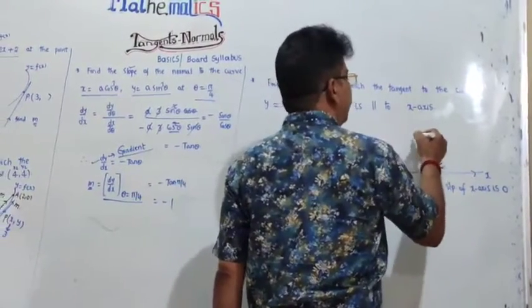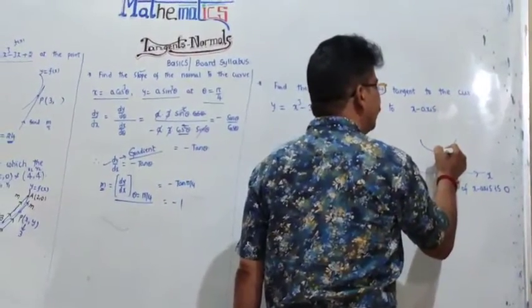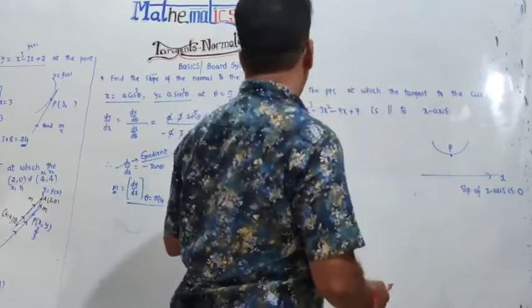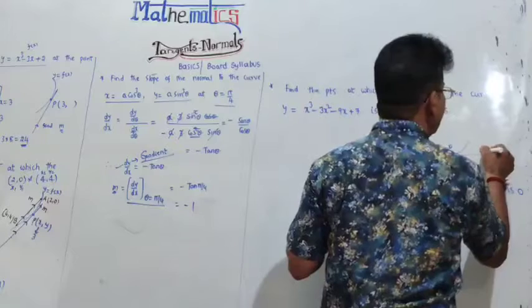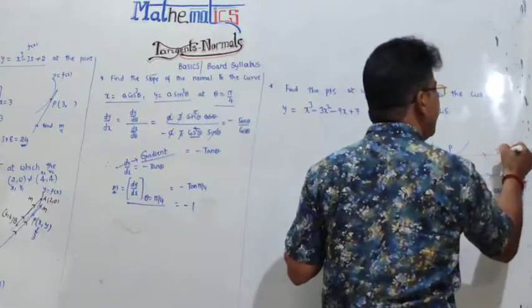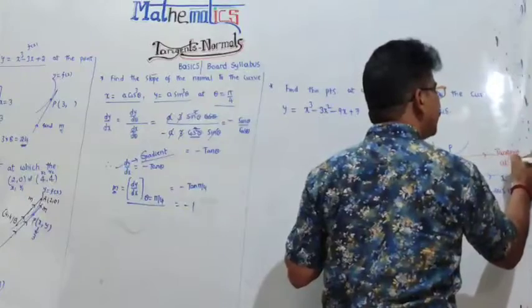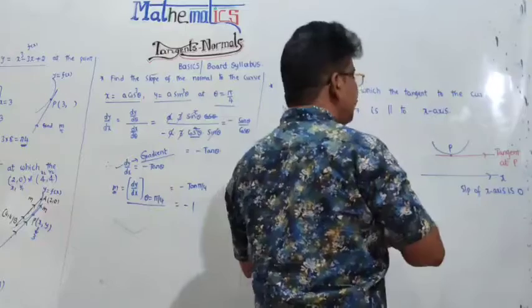One minute. For example, this is the given curve. This is the point of contact. Now I will draw the tangent. So this is the tangent, like that. This is the tangent at capital P. This is y equal to f of x, the given curve.